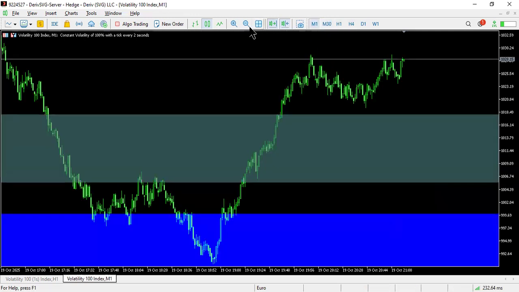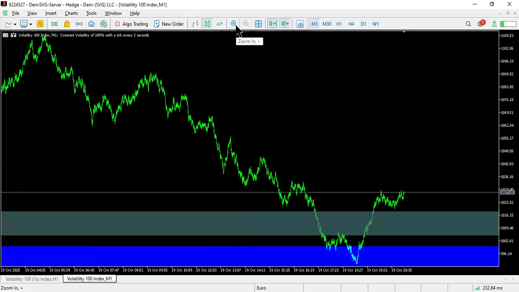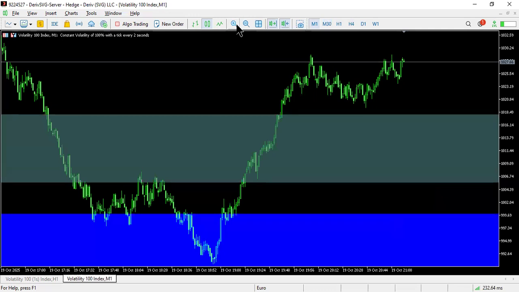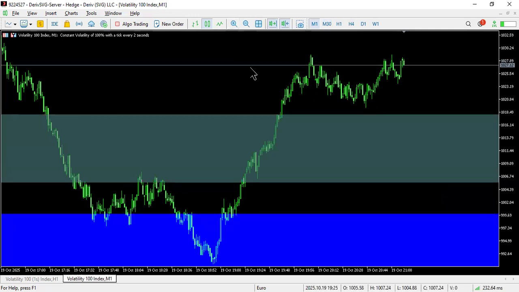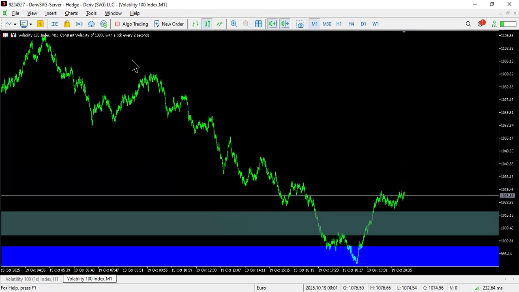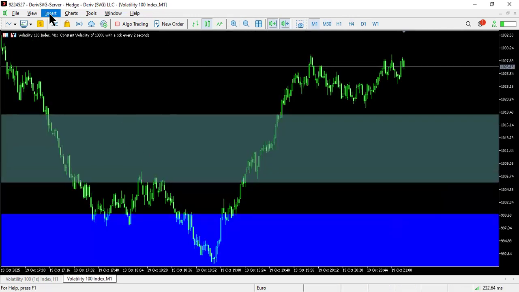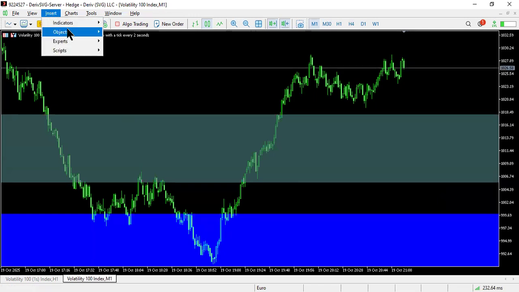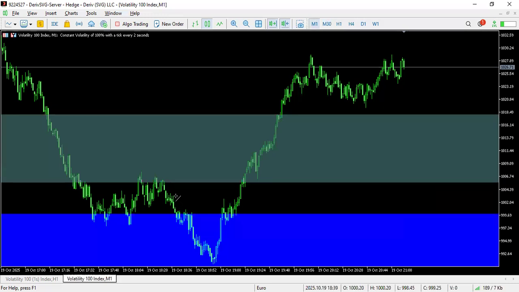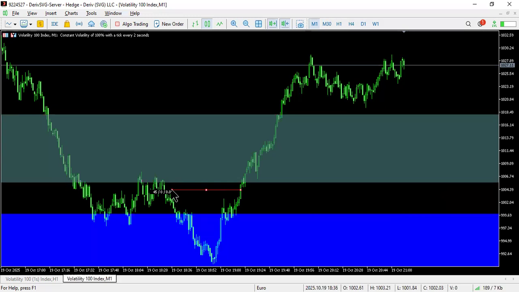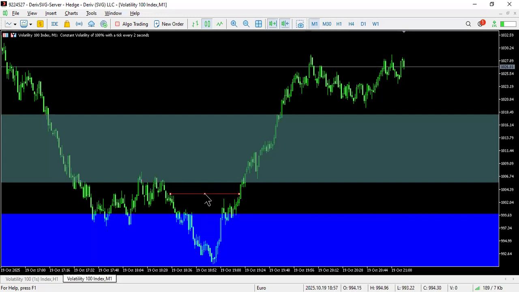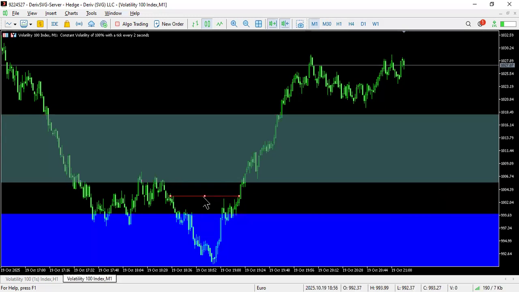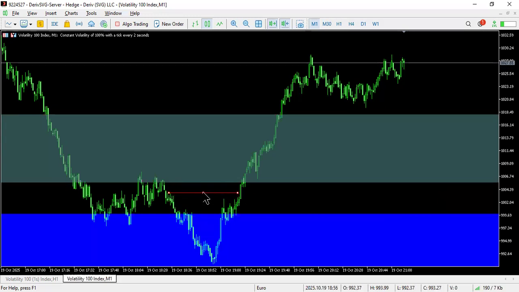And then if we go to the M1, we can see that this move is over, because we have a change of character here. So we have a change of character.